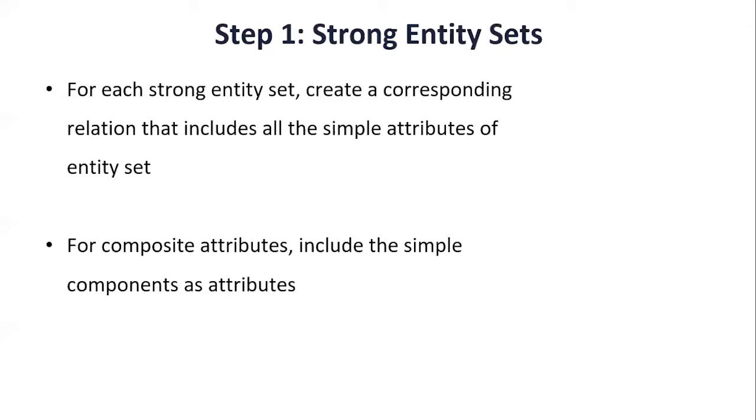And for that kind of attributes, we have to include the simple components of that attribute into the created relation. So we are not going to include the composite attribute, but rather we will have the subparts of that as separate attributes.